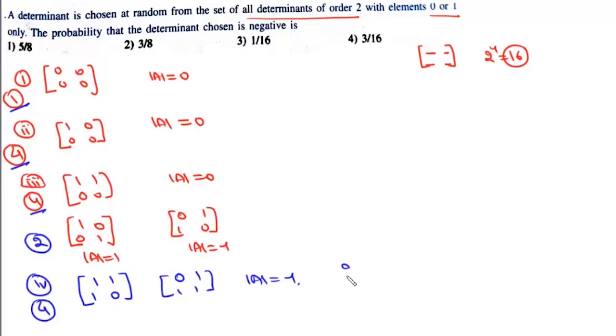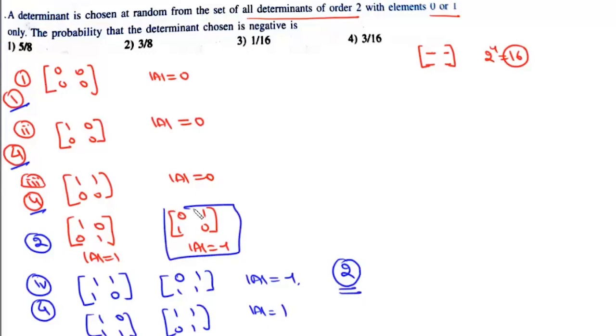So for the 2 cases, the determinant is minus 1, and if 0 lies along this other diagonal, 1 1 0 1, then the determinant of A will be 1. So out of these 4 we have 2 choices here, so 2 here and 1 here. And then finally we have this final case when all the 4 are 1s. In that case also the determinant of A is 0.